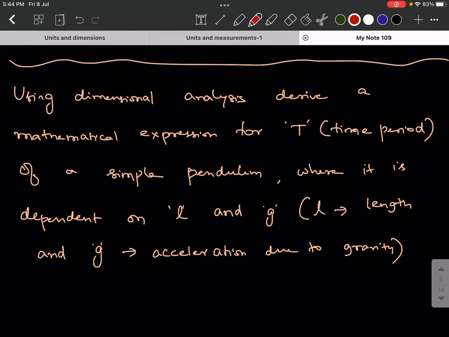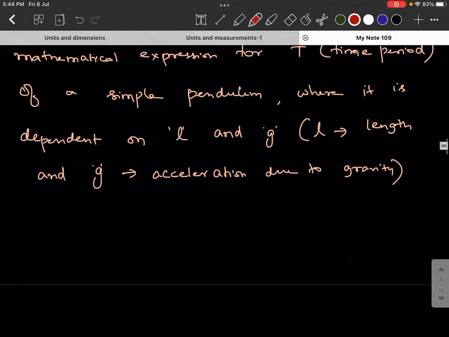Anybody with the answer? No? So shall we see how to do this? Time period is, what did you get? L power b. So T is directly proportional to L power a, and T is directly proportional to g power b also.